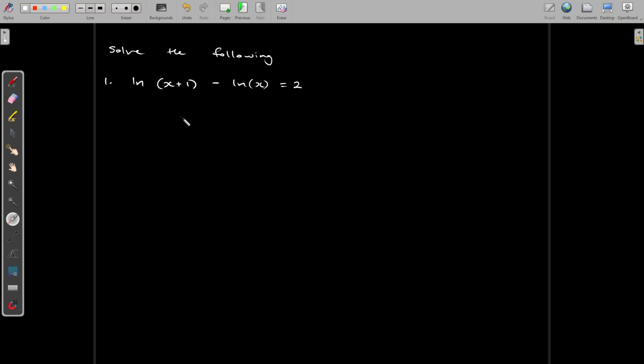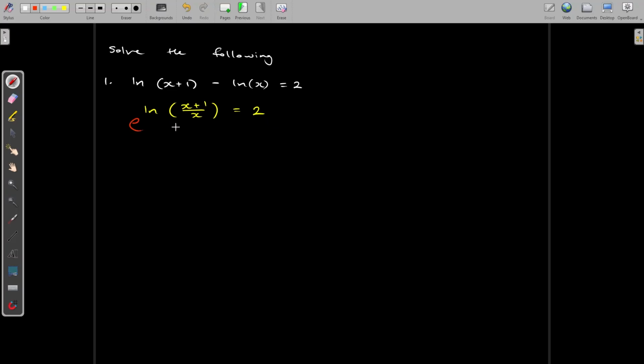Sir, you're gonna have to write that over for me to see. So this is going to be ln (x plus 1) over x is equal to 2, right? Yes, sir.